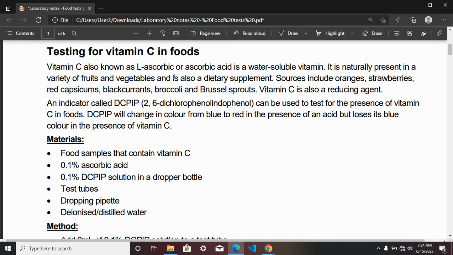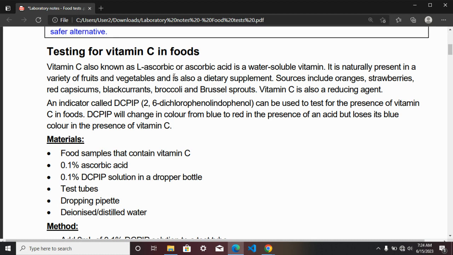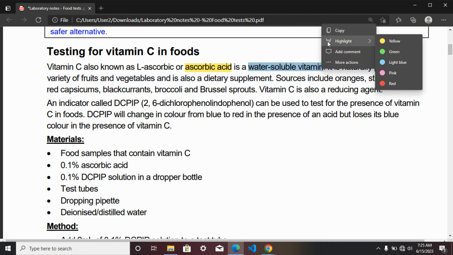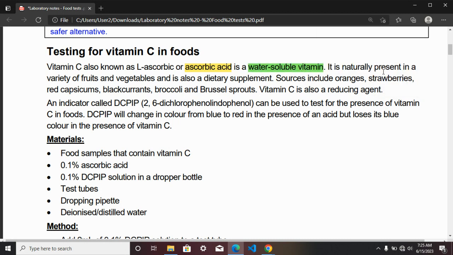Actually, vitamins are seen in many kinds of foods, but mainly in fruits. Vitamin C is also known as ascorbic acid, that is its chemical name. It is water soluble. That's one of the characteristics of vitamin C, and it is naturally present in a variety of fruits and vegetables, and is also a dietary supplement.